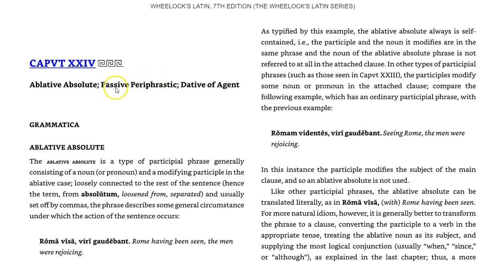And so this idea of the passive periphrastic is also not congenial in English, so it'll raise issues about how to translate it. And then, of course, since English is not a case-based language, the idea of a dative, which you're familiar with by now, also is something that we'll focus on.